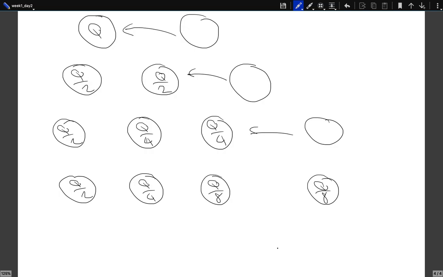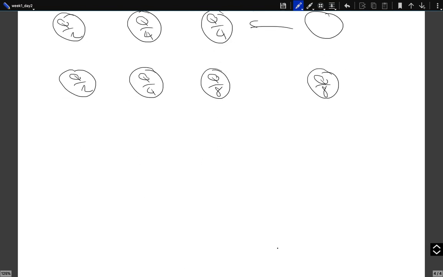So if the force is proportional to the charge of this sphere, somebody else could bring this one over here and this one over here. The force will be identical. So if it is proportional to one of them, it should be proportional to the product of both of them. So then you have this force law. The force is equal to the product of the charges divided by the distance squared.